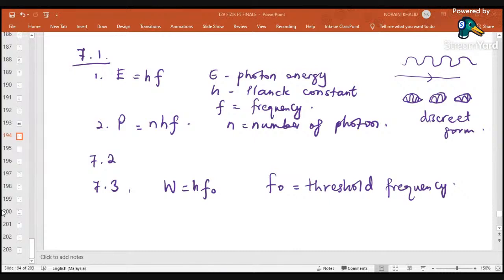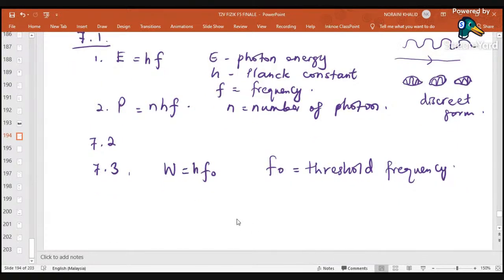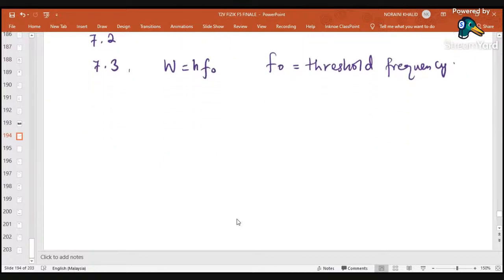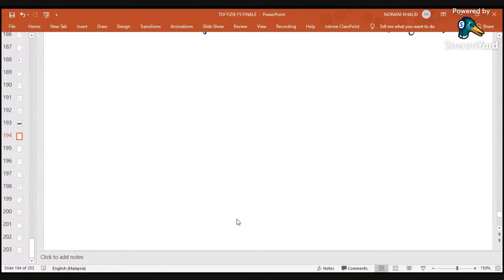Okay, let's look at some important formula for this part. Okay, for 7.1, quantum theory of light, the concept of black body. What is the definition for black body?